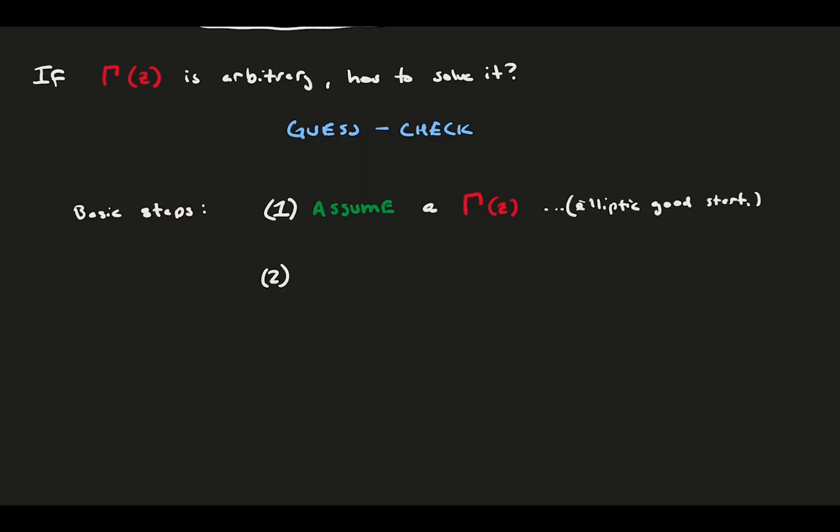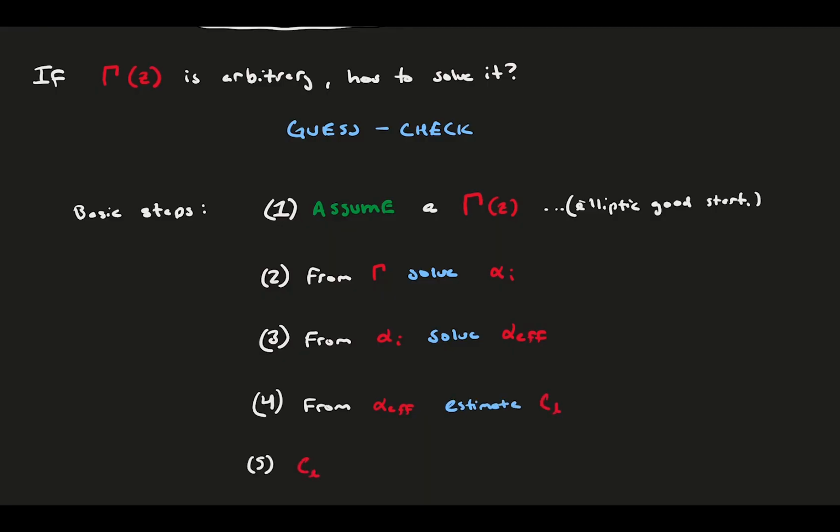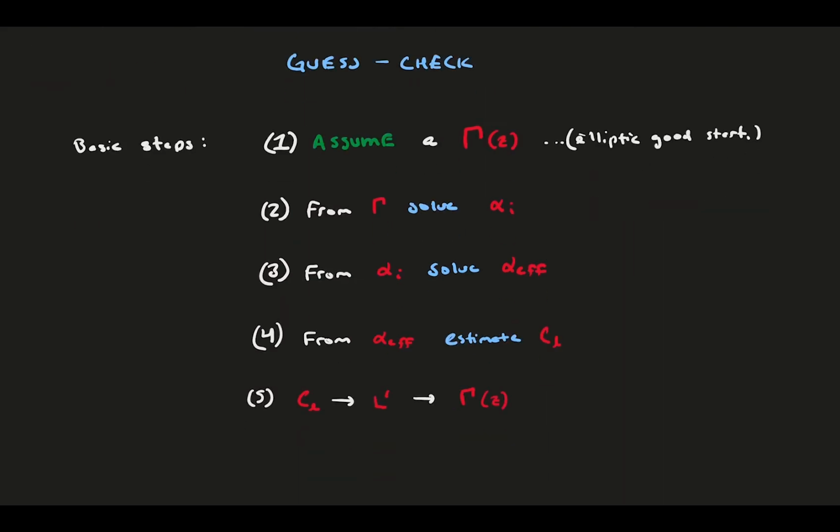From the strength distribution, you can calculate the induced angle of attack, and then you can get the effective angle of attack. From the effective angle of attack, you can estimate the lift coefficient distribution as a function of z. You can turn the lift coefficient into the lift per unit span, and then use Kutta-Joukowski to get a new gamma distribution.